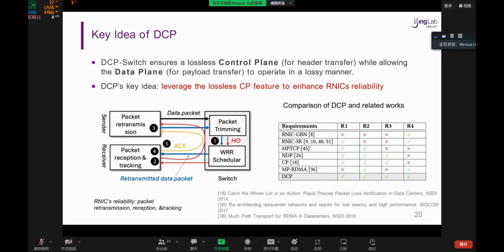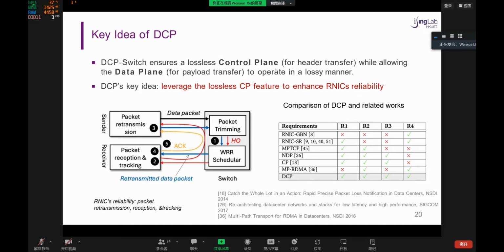So NDP uses the trimmed header at the receiver to estimate the receiver bandwidth, because the packet is actually not lost. Its header is still transmitted to the receiver.